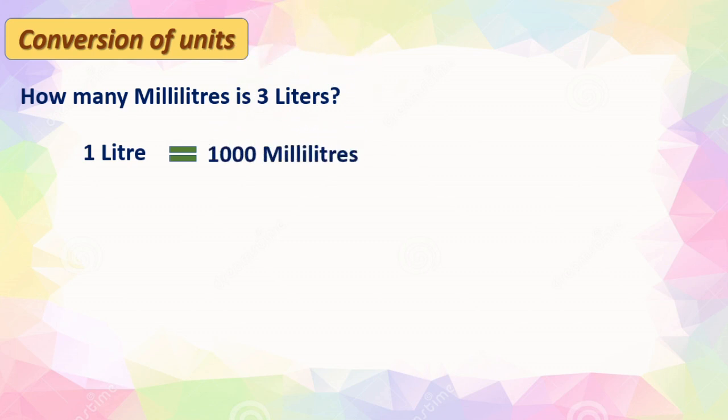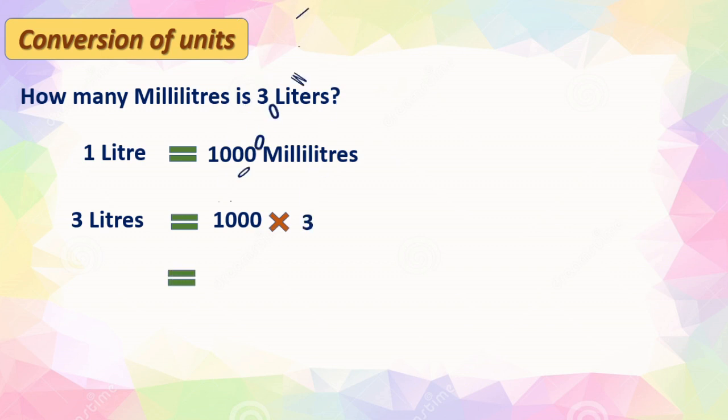By using this, we can find out how many milliliters are equal to 3 liters. So 3 liters is equal to 1000 multiplied by 3. So we get 3000 milliliters.